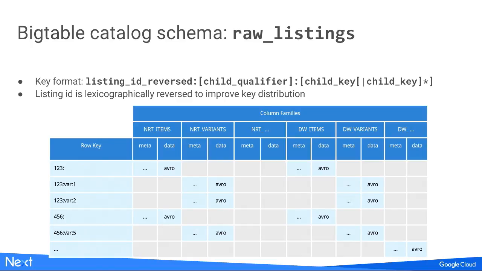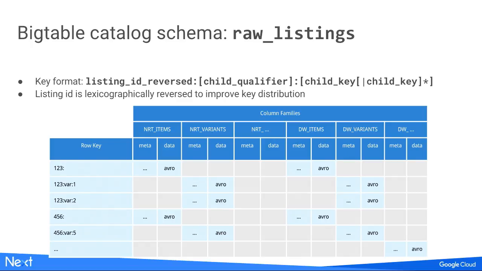Now, going to row key design, right? As I mentioned, listings are comprised of many different kinds of records, and you can look at it as a hierarchical parent-child data structure. So if you have a listing 1 to 3, it may have variants, right, 1 and 2.